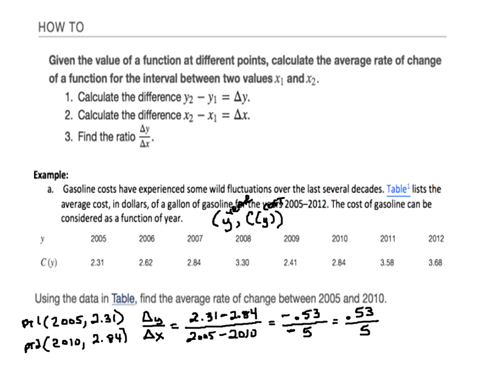Now, before I reduce this fraction, let me tell you what that means. Since my numerator is my y value, which is my cost, this says every 5 years, because my denominator is my time, the cost of gasoline went up because it's positive, up 53 cents every 5 years.